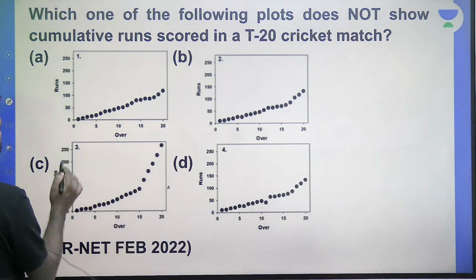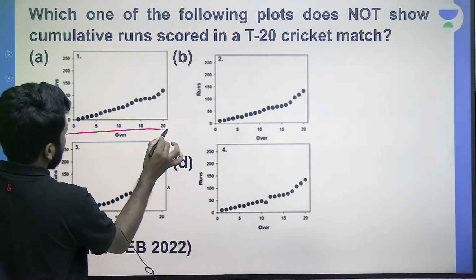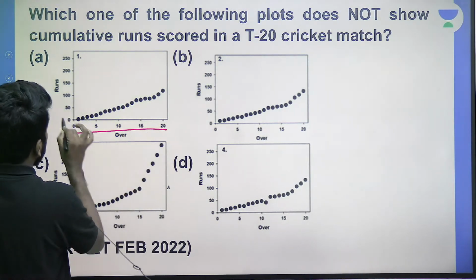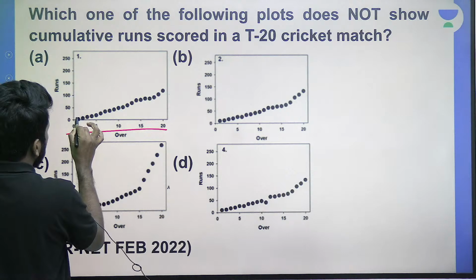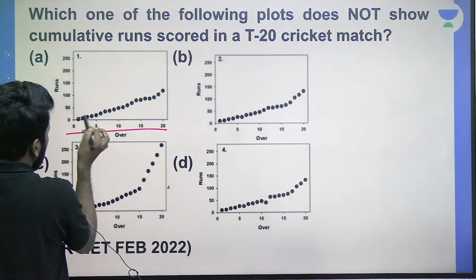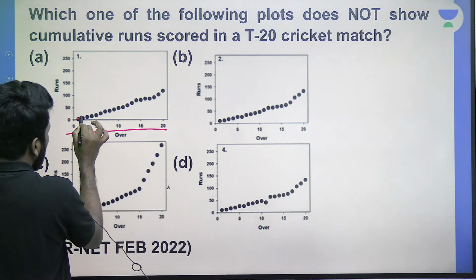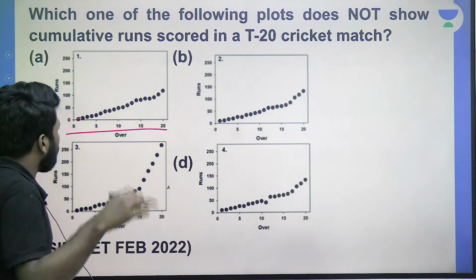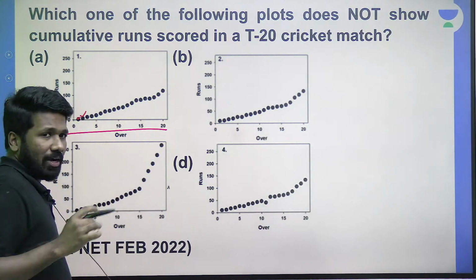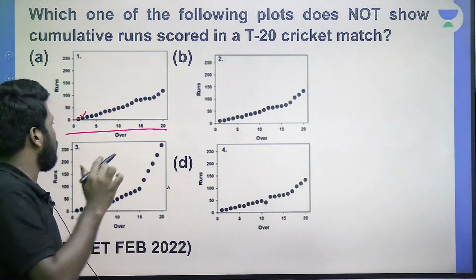Cumulative runs means, for example in the first picture, how many runs up to 20 overs? In the first over maybe 1 run and in the second over 1 run and 2 runs, but what is represented here is the total run of the first over and second over together.